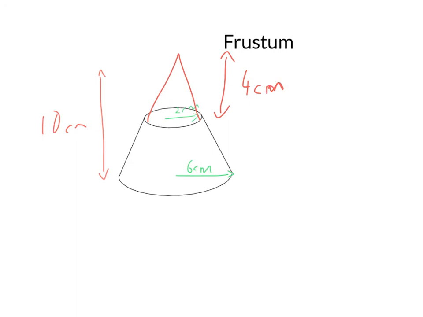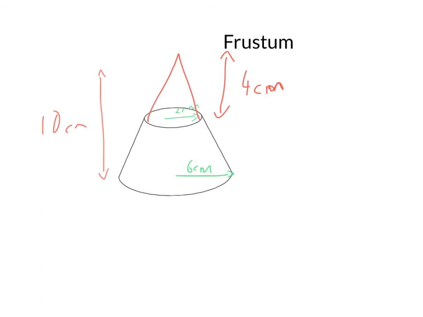If we are asked to calculate the volume here, what we want to do is find the volume of the entire cone and take away the part that's essentially missing now. So the volume of the whole thing, the volume of the smaller section, then we'll take the smaller section away from the whole thing to be left with this section here.